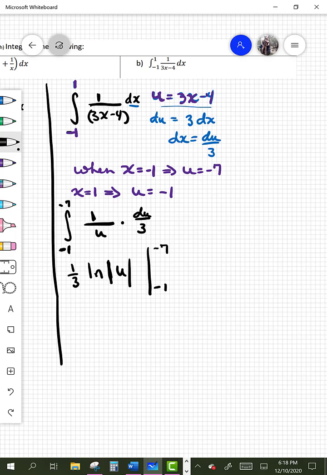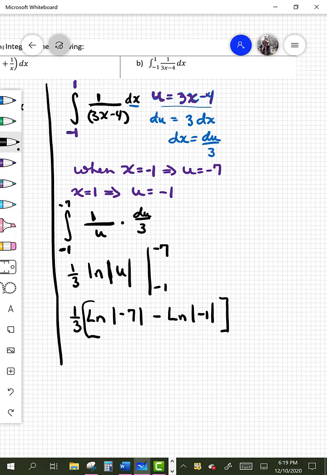Now we're going to plug in our bounds. This is the natural log of the absolute value of the upper bound, negative 7, minus the natural log of the absolute value of negative 1. Oops, I made a mistake here.